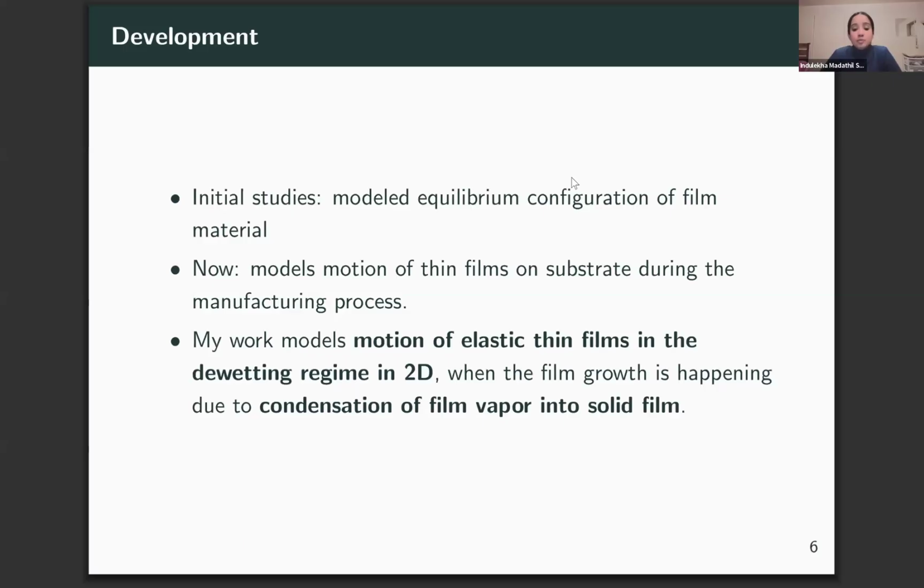My work is about the motion of elastic thin film islands in the de-wetting regime, and it's a two-dimensional model. I consider the film growth due to condensation of film vapor into solid film. That is what we consider to be the most relevant physical factor in the manufacturing of the film.